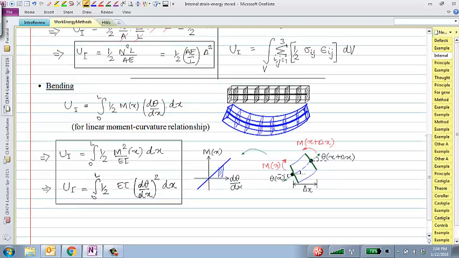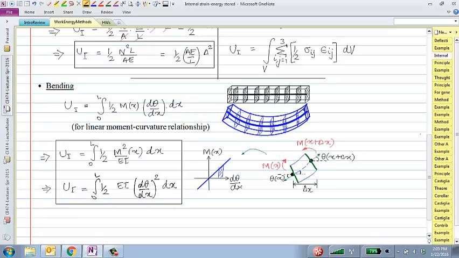All that we've done till now is learn how the external work done on a structure stores internal energy in the structure for two types of structures, trusses and beams. For trusses, it's half N square L over AE.